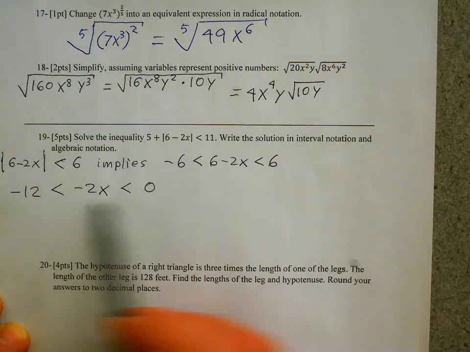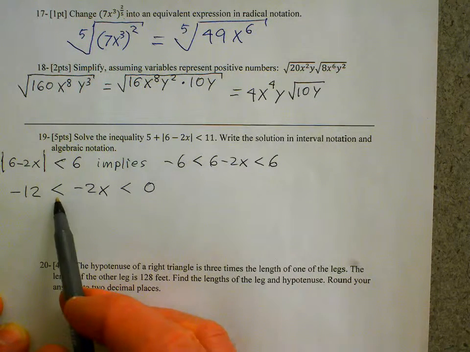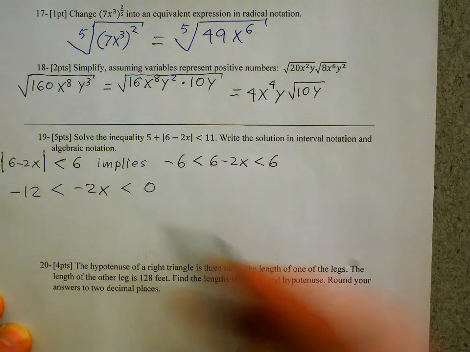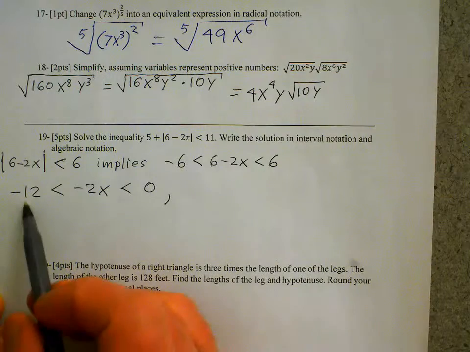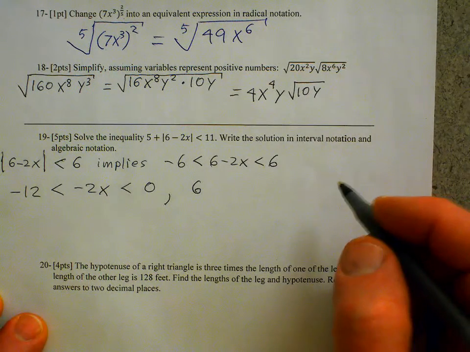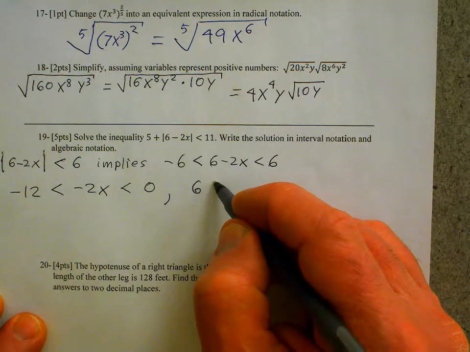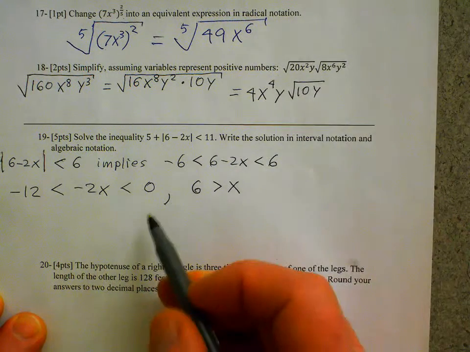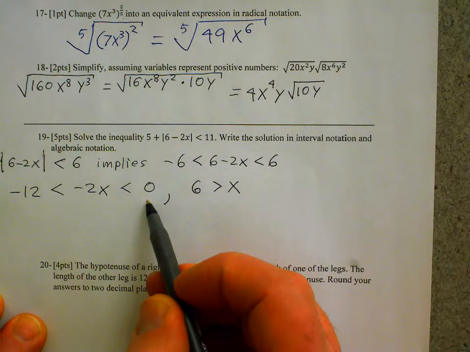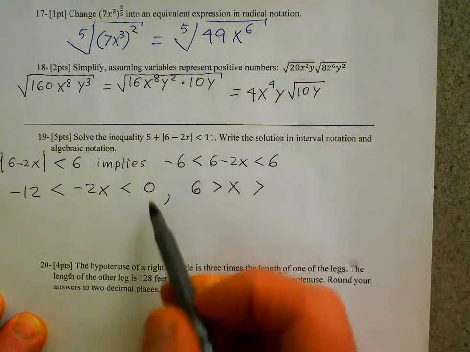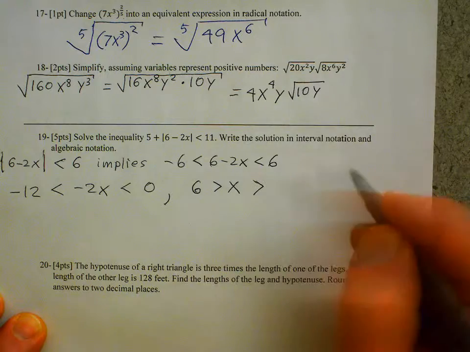So we'll divide each of the three parts by -2, but we'll also change each of those two less than symbols to greater than symbols. -12 divided by -2 is +6, and we're switching the inequality to greater than. -2x divided by -2 is x. And even when we divide 0 by -2, we still switch the inequality to its opposite, even though 0 divided by -2 is still 0.